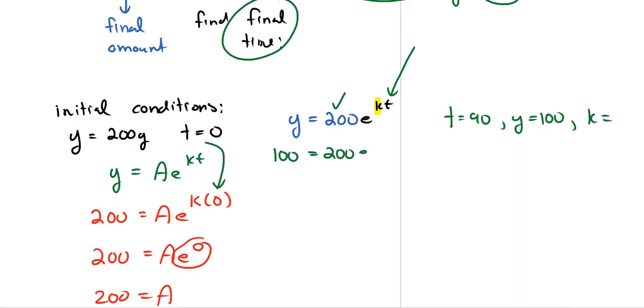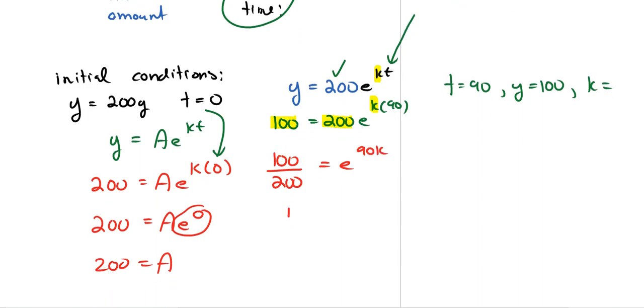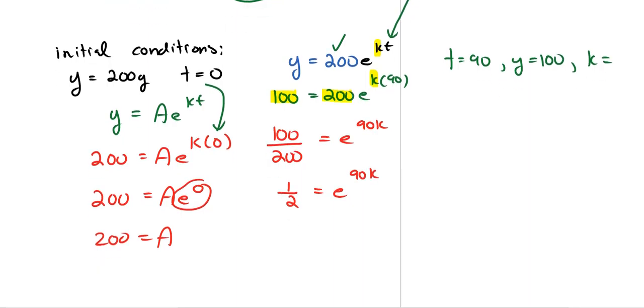200 remains, e to the k times 90, and then we need to solve for this k value here. So let's take our 200 and the 100, divide those. So this will be 100 divided by 200 equals e to the 90k. This will be 1/2 equals e to the 90k. And then I can ln both sides of the equation here.